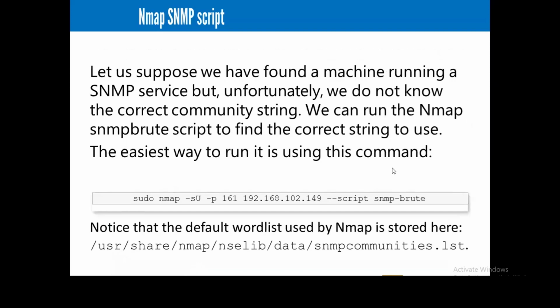Let's suppose that we have found a machine running the SNMP service, but unfortunately we do not know the correct community string. We can run the Nmap snmp-brute script to find the correct string to use.